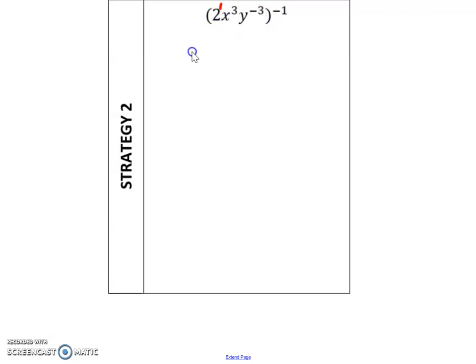So if we multiply that out, we have 2 to the 1 times -1 times x to the 3 times -1 times y to the -3 times -1. All right, we have 2 to the -1, because 1 times -1 is -1, x to the -3, and y to the +3.